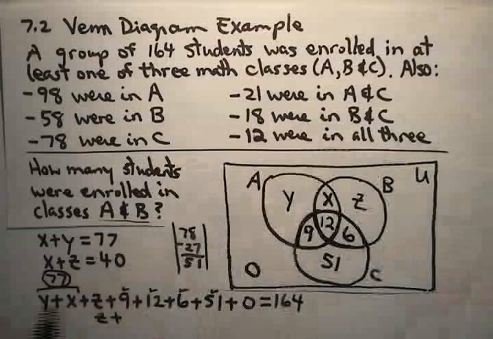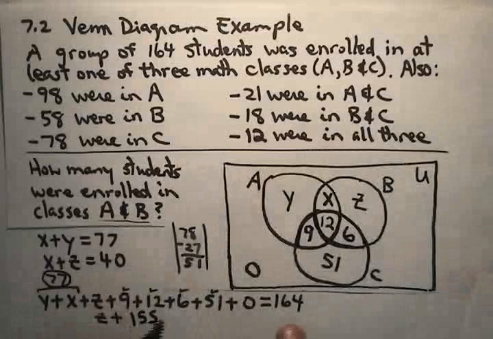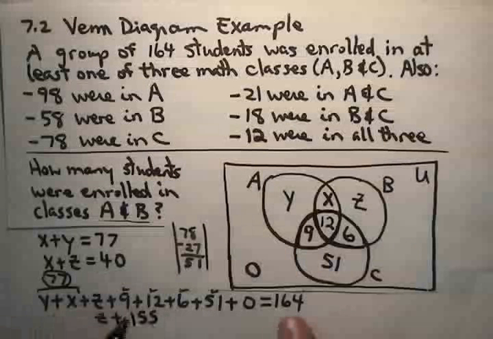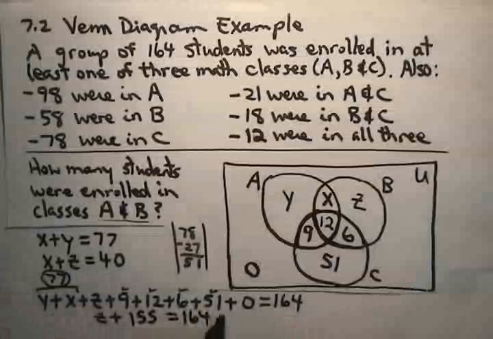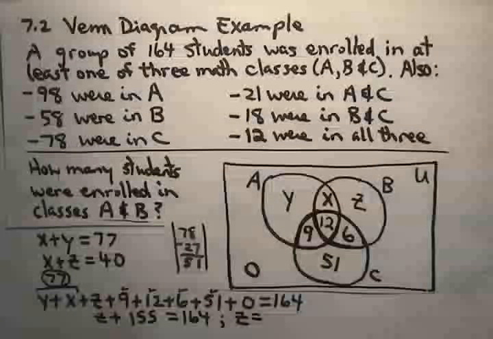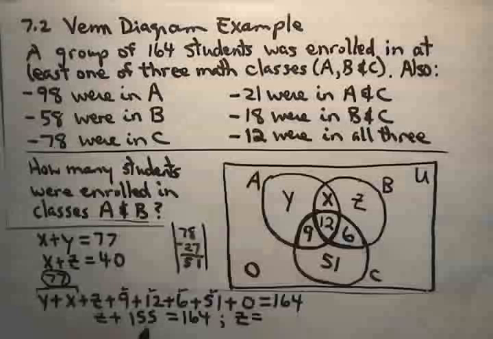So all those numbers add up to 155, and that's got to be equal to 164. If you take 155 from both sides, you'll know what Z is. 164 minus 155 then is 11. Actually, that's not 11, that's 9. So Z would be 9.